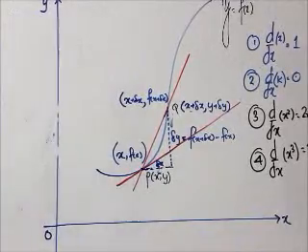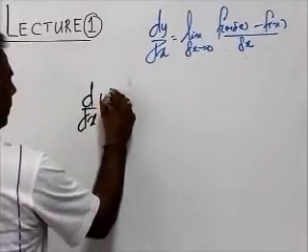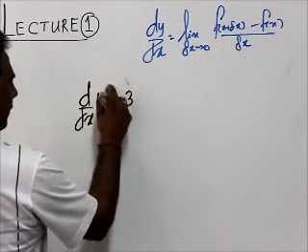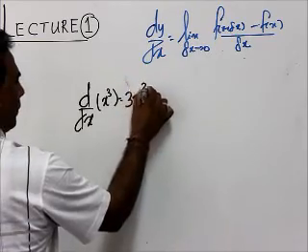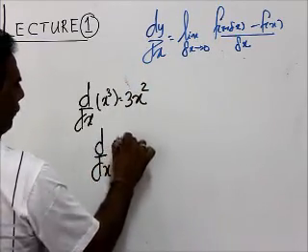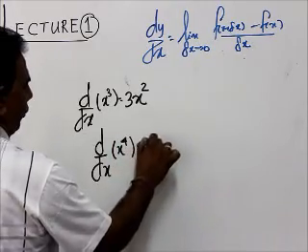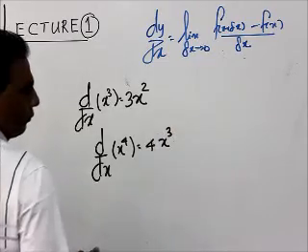So d by dx of x cubed is equal to 3 x to the power 3 minus 1, that is 2. So from this, d by dx of x to the power 4 is equal to 4 in front, x to the power 4 minus 1, then 3.